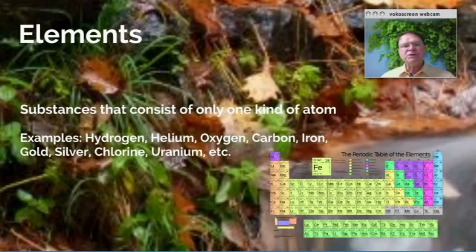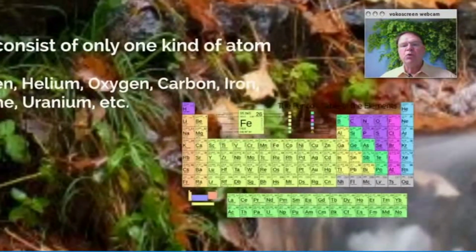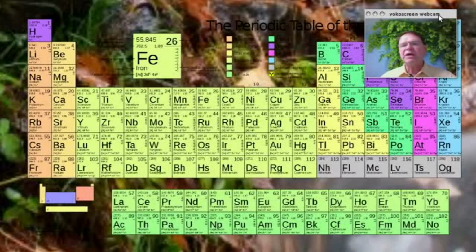Now, what are compounds made of? They're made of different kinds of atoms, which we refer to here as elements. These are substances that consist of only one kind of particle, one kind of atom. Examples that you're probably familiar with are hydrogen and helium, which are the two most common elements in the universe, followed by oxygen, carbon, iron, silver, chlorine, uranium, and of course the periodic table, which you see pictured here, is where all the elements are that we're aware of now, and the list seems to keep growing.